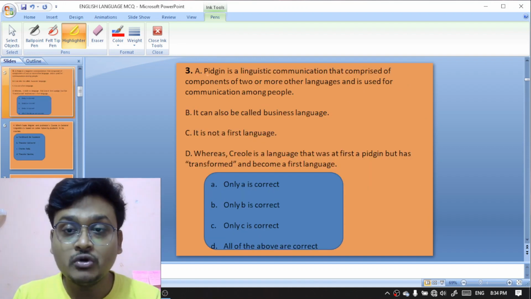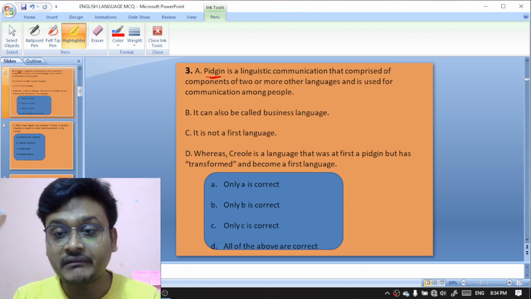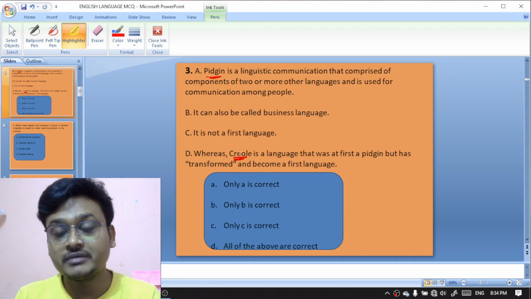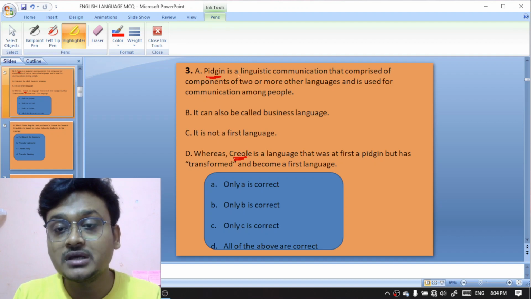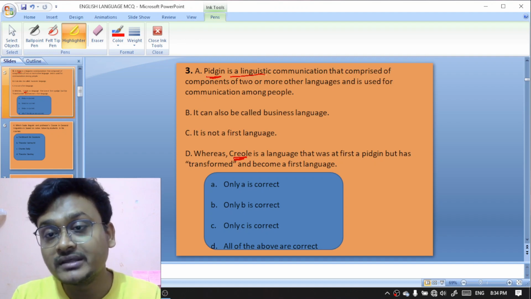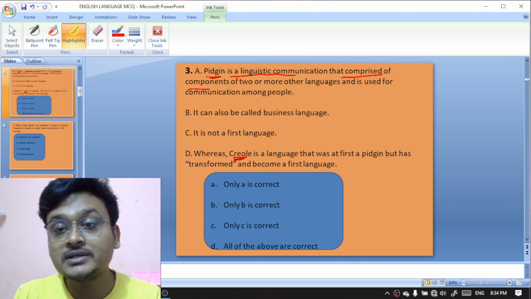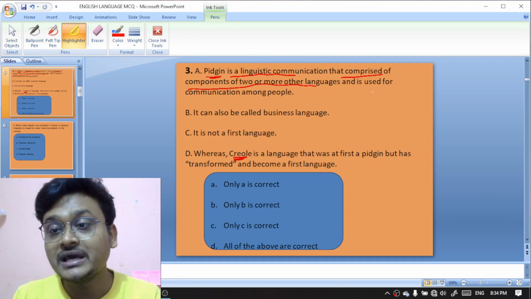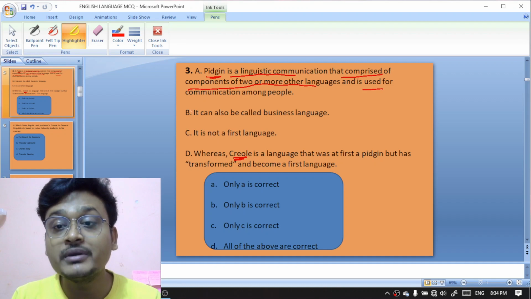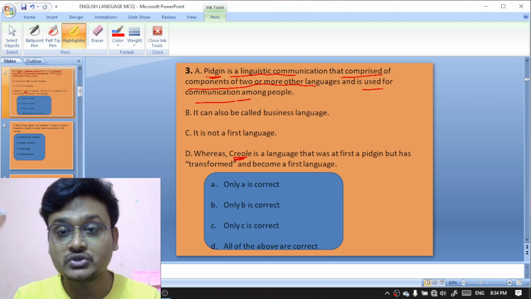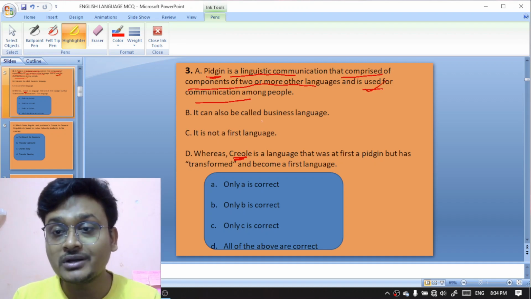A pidgin, do you know what a pidgin is? Pidgin and Creole. Pidgin is a linguistic communication that comprises components of two or more other languages and is used for communication among people. So it is true. It can also be called a business language.